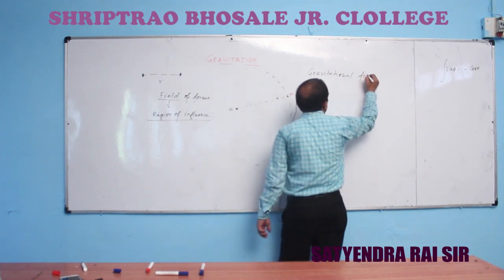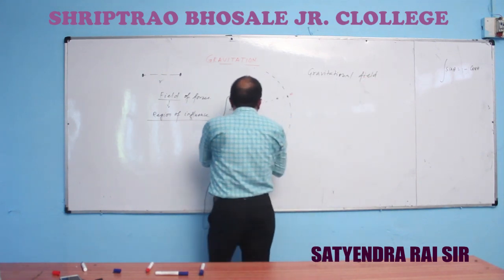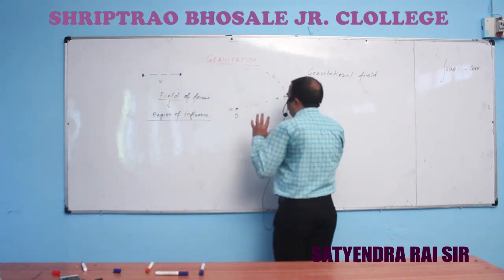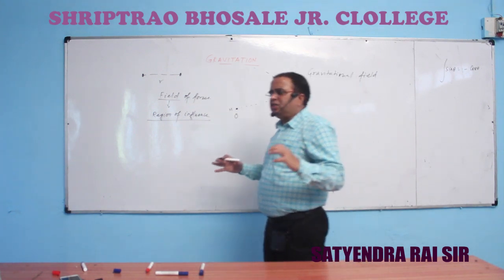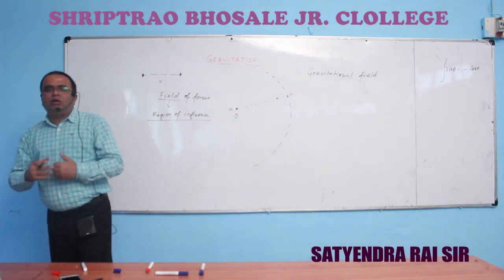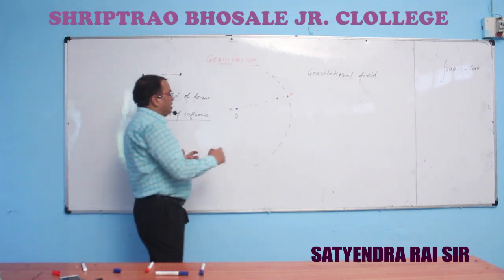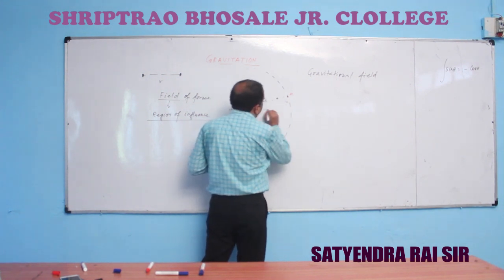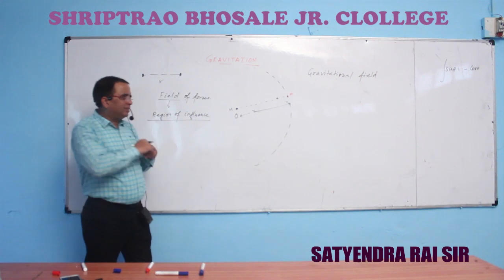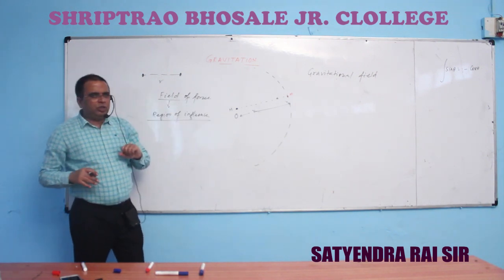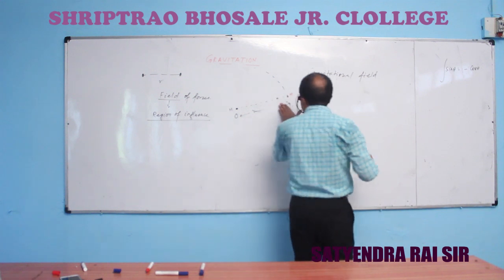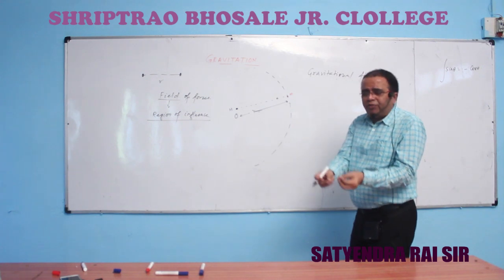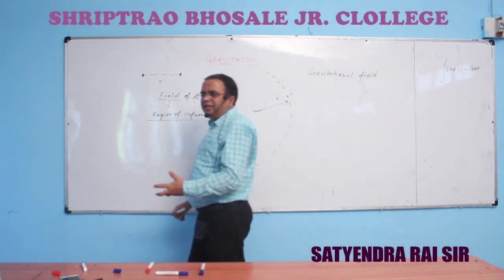Say here is a point mass capital M placed at point O. If you want to check the strength or intensity of its gravitational field at a distance small r from it, or know the strength of the field at some distance r from the mother mass, you have to put a point mass near it.